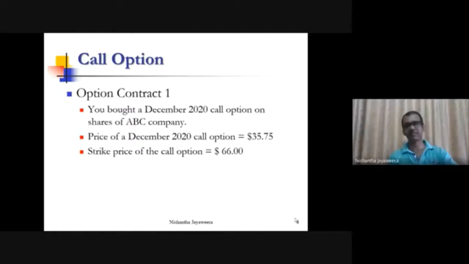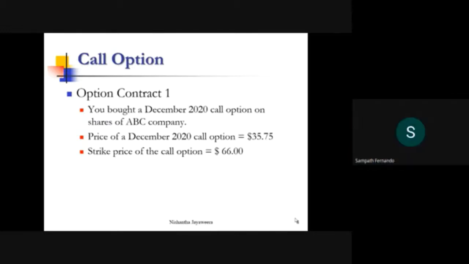Sometimes it's like that. Say for the first year there's no coupon, and from the second year onwards they pay the coupon. But now those options are very rarely used.